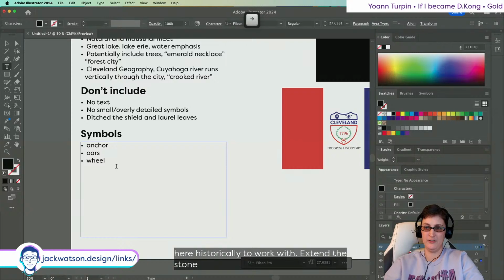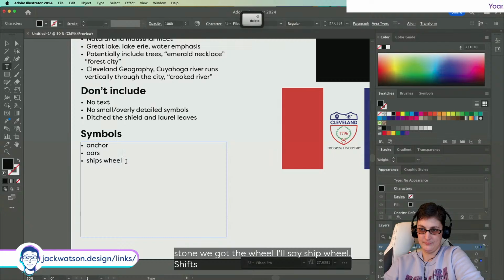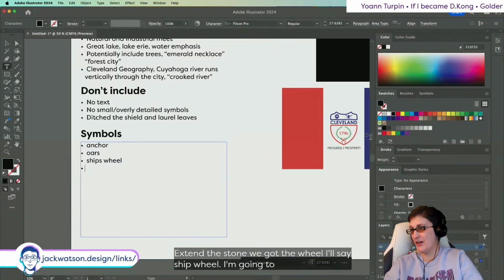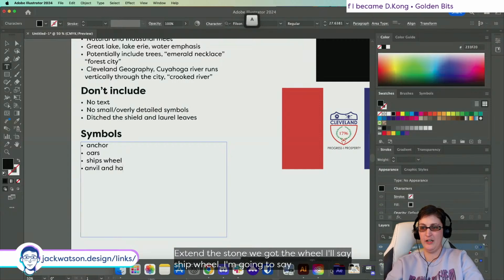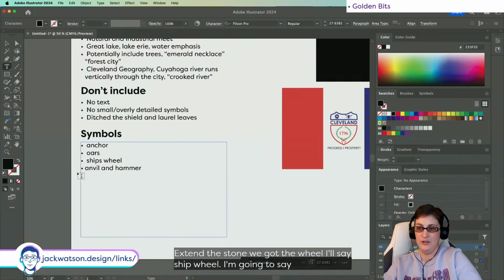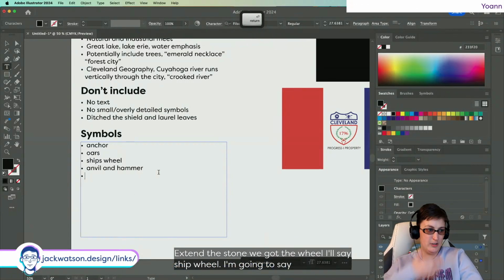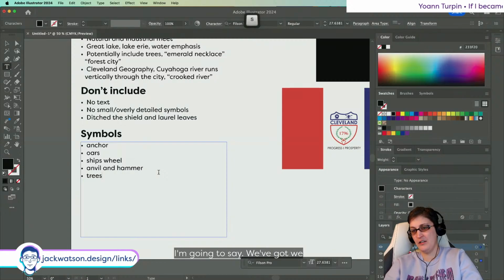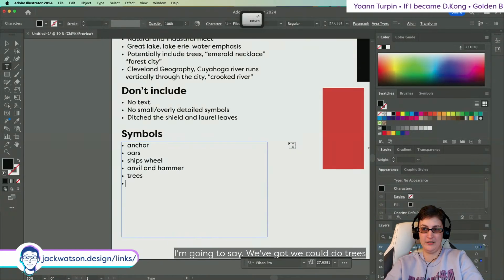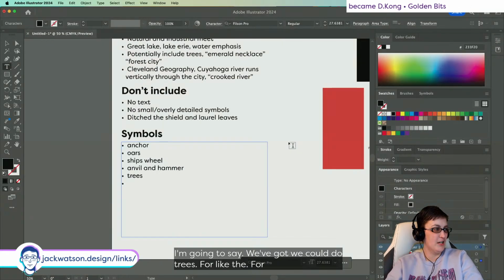We got the wheel. I'll say ship's wheel. We've got the weird anvil and hammer. We could do trees, for the Forest City stuff.